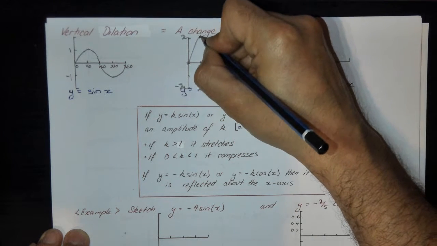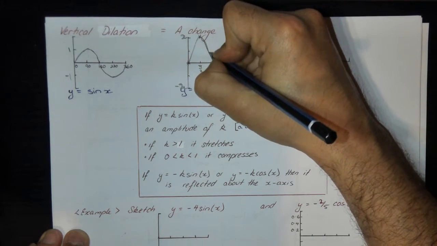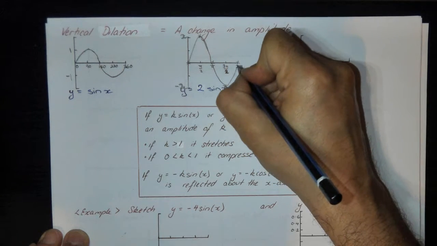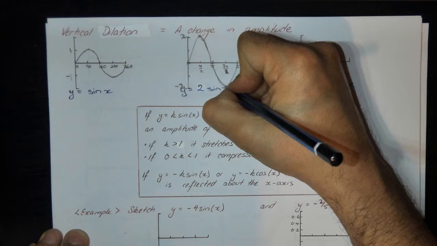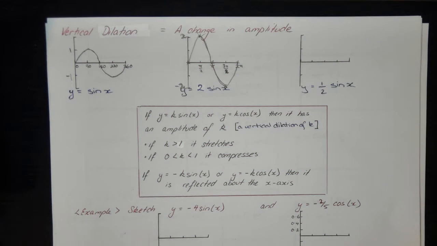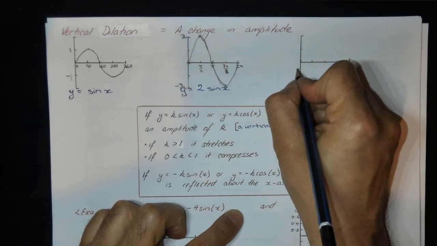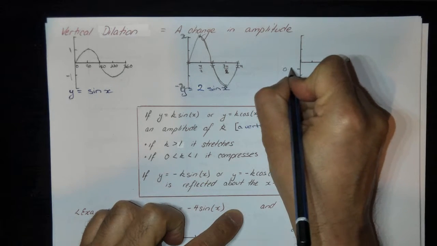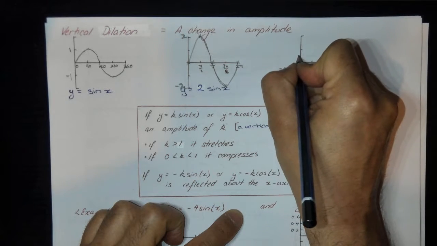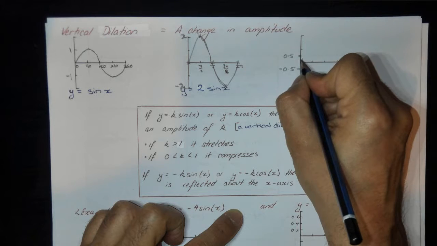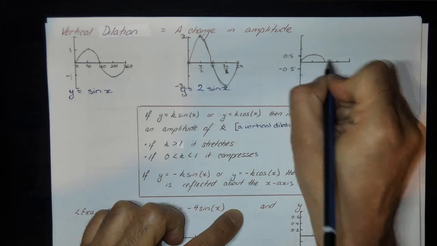So the amplitude in our function has stretched by 2. And obviously if we have a scale factor of 1/2, it will compress.